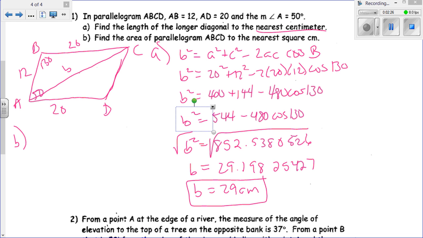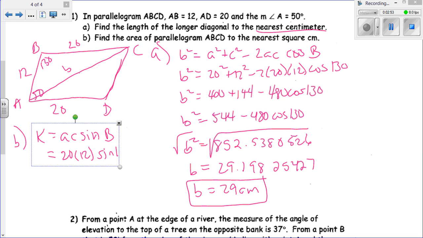Part B asks us to find the area of the parallelogram. Well, a parallelogram has two triangles, therefore we use the 1/2 AB sine C, but since I have two of them, if I multiply it by 2, the 1/2 and the 2 cancel each other out. So in this case, K is equal to AC sine B. So A is 20 times 12 times the sine of 130.